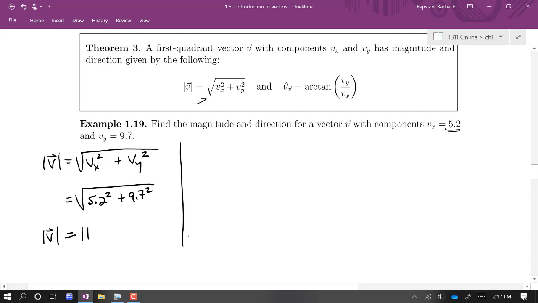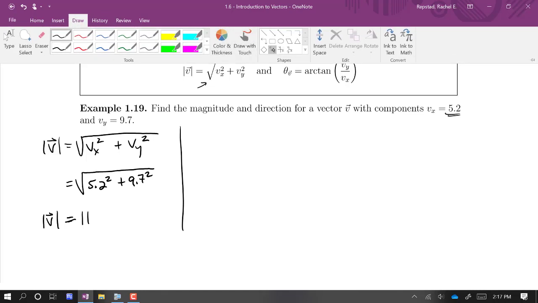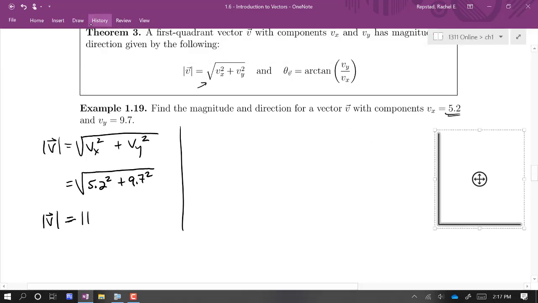Now for the angle, let me just sort of look at this. I know the components. 5.2 is x, 9.7 is y. Okay, so let's pretend that's drawn a little bit nicer. 5.2, 9.7.